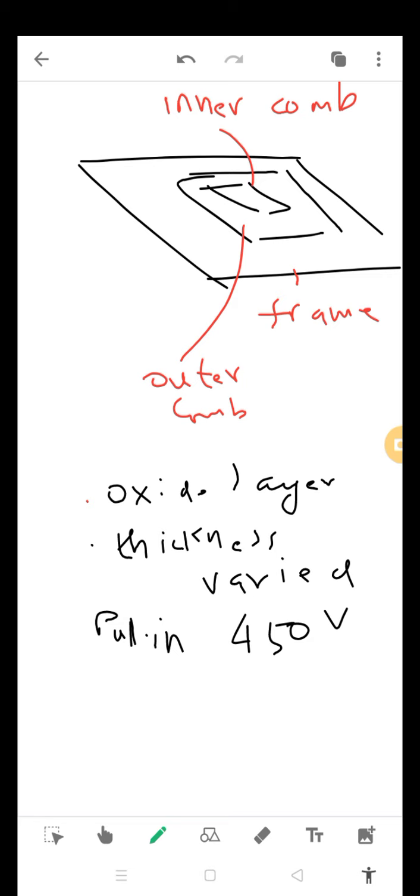Now most of the biaxial mirrors are usually found in something called a gimbal combination.